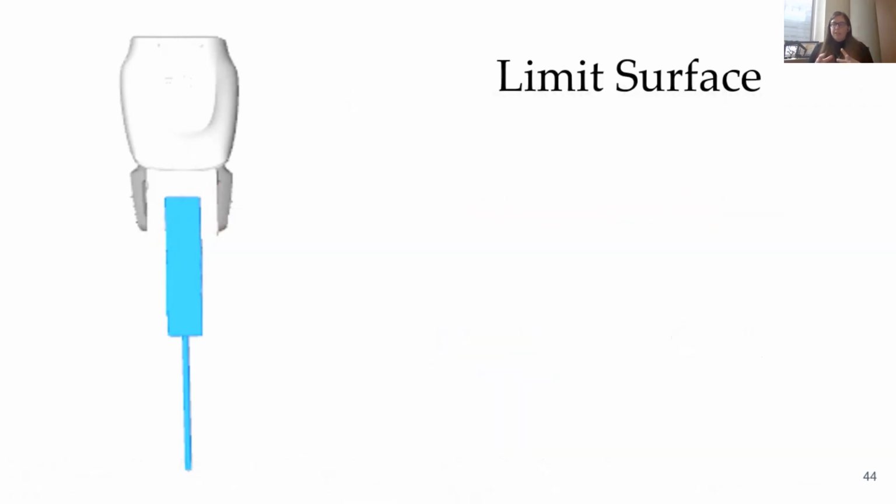The limit surface defines the set of all possible friction wrenches that our contact can offer. One way to think about this is that if the external wrench that we experience lies within that set, then the frictional forces can resist the external wrench. Effectively, our grasp won't move. In the battle of our external wrench versus our friction, friction wins.